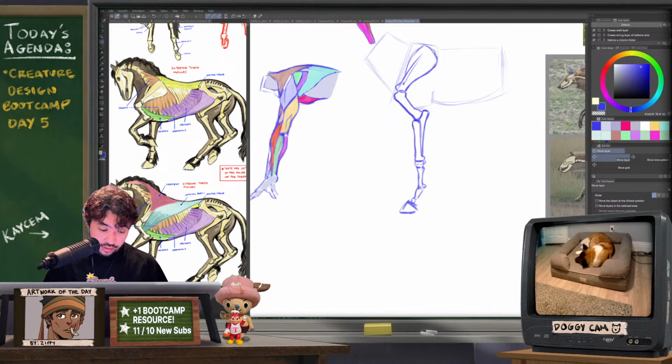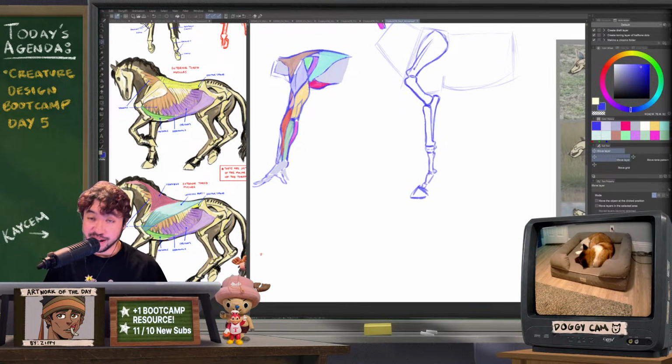So now that we've done that though, let's talk about the fun part, which is the muscles. Somebody asked, how does the scapula connect to the rest of the body? Is it connected to the rib cage by muscles? Yeah. And again, quadrupedal animals are going to be special because they'll actually have a set of muscles that humans don't have, which are part of something called the thoracic sling.